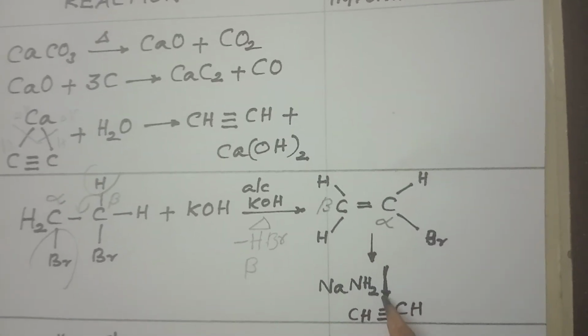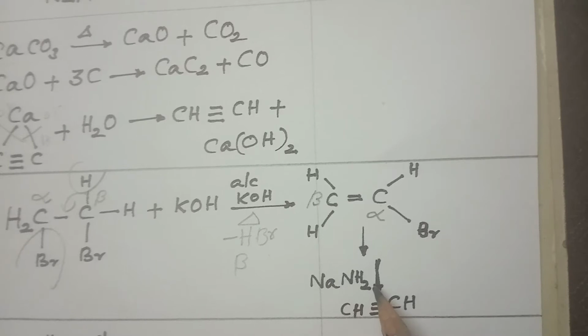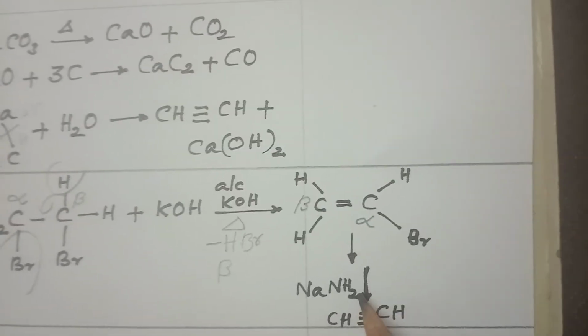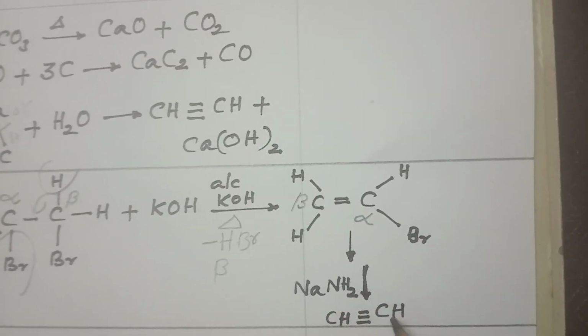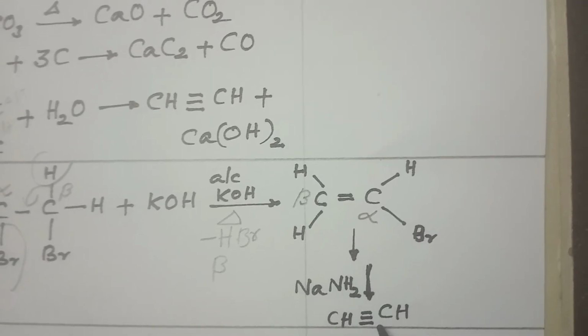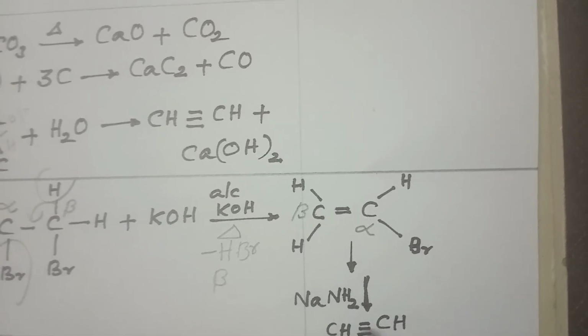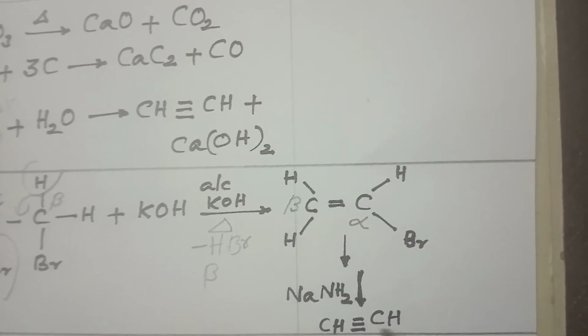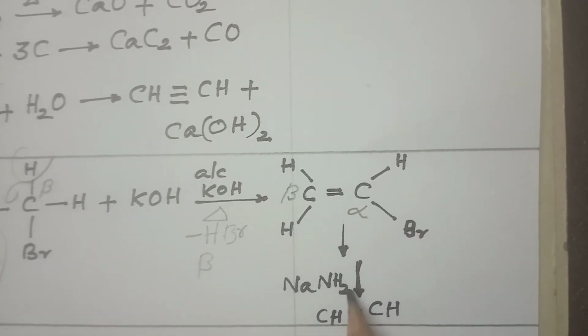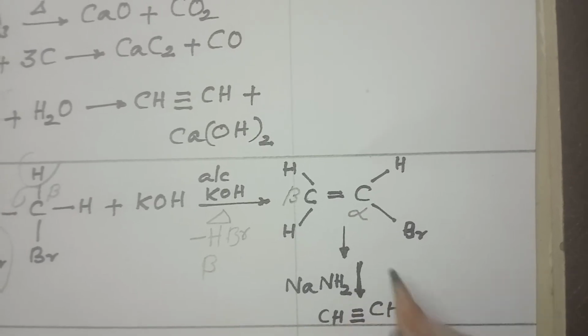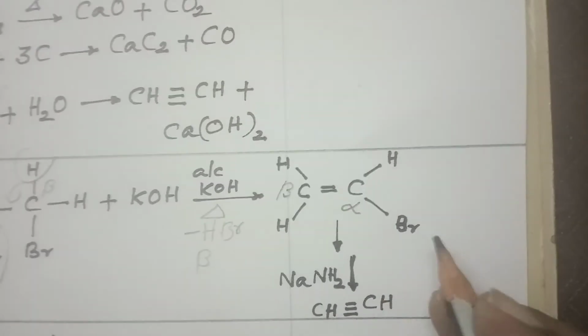Next, the second step is followed by NaNH2. With NaNH2 the alkyne results as a terminal alkyne. Since it is 2 carbon, there is no question of terminal; whatever it is, it is terminal. Again beta elimination, minus HBr.